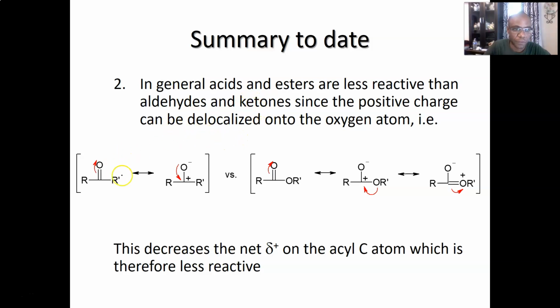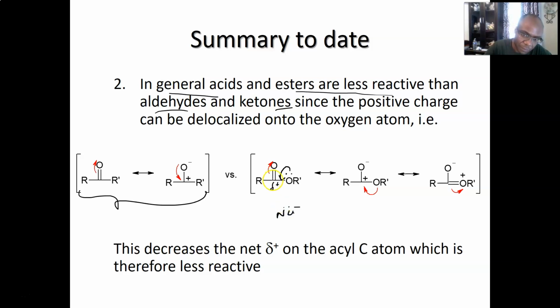Okay, so the carbonyl structures can have resonance stabilization. In general, acids and esters are less reactive than aldehydes and ketones because, for the esters, there's a lone pair here that kills the plus character of the carbon, which deactivates that towards nucleophilic attack.